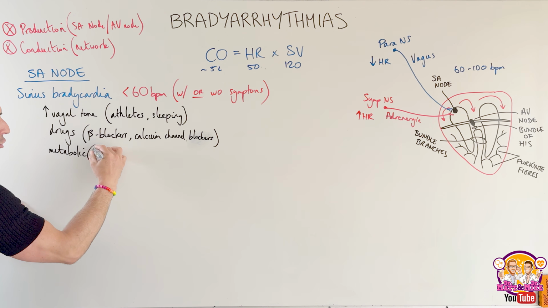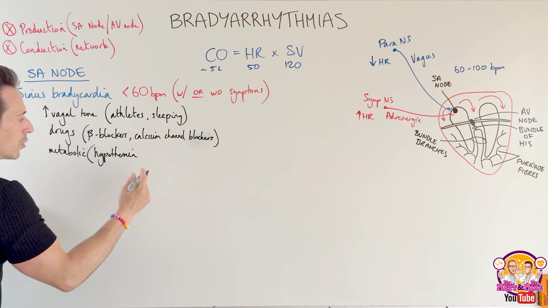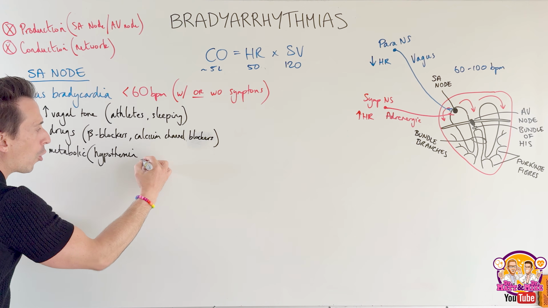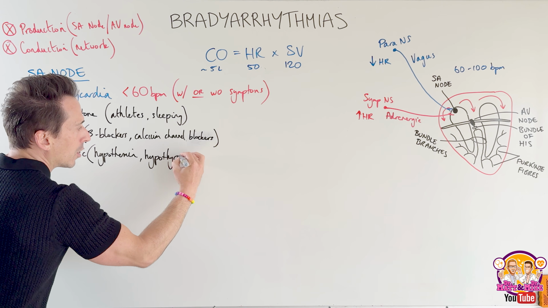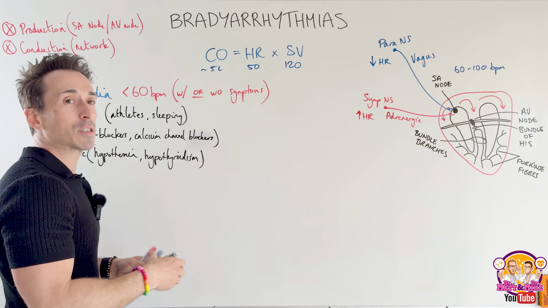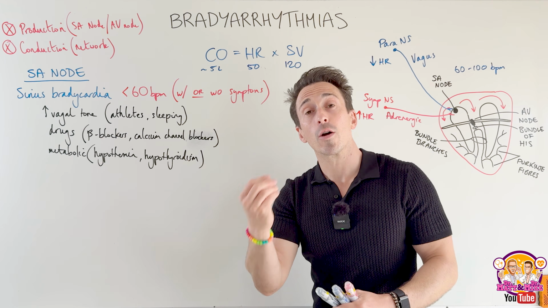So these metabolic issues might be hypothermia. So your temperature's too low. If your temperature's low, it slows your heart rate. Or it could be due to maybe something like hypothyroidism. Now remember, your thyroid, which is that butterfly-shaped gland that hugs your trachea, it produces thyroid hormone.